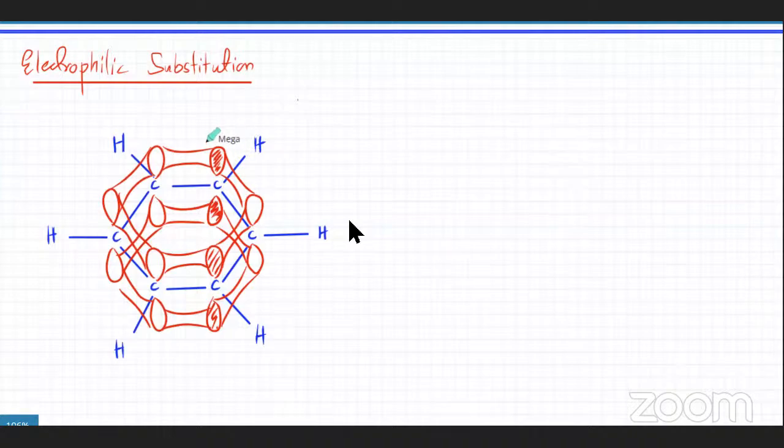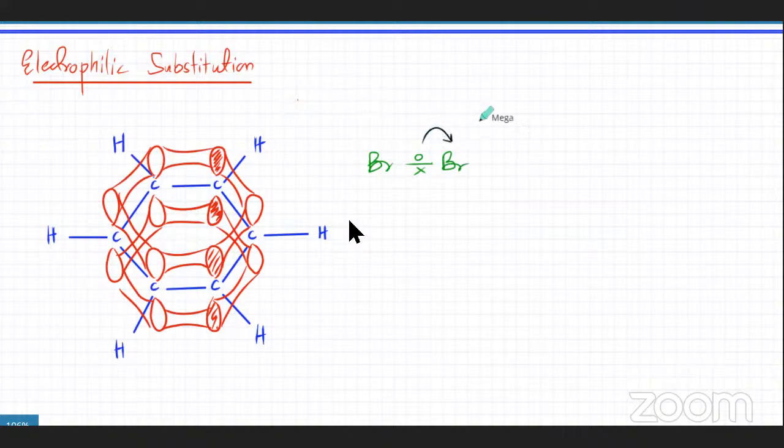A bromine molecule comes in and it gets polarized. So here's a bromine molecule that's coming in, which is non-polar initially, and it's coming close to the benzene molecule. What will happen? Because of the electrons over here, the electrons in bromine are going to get repelled.